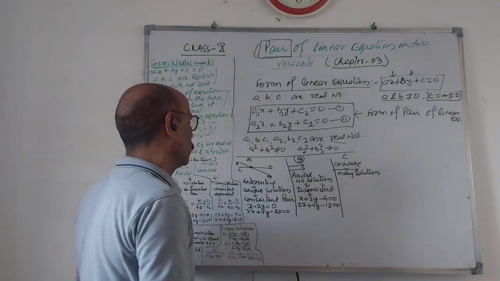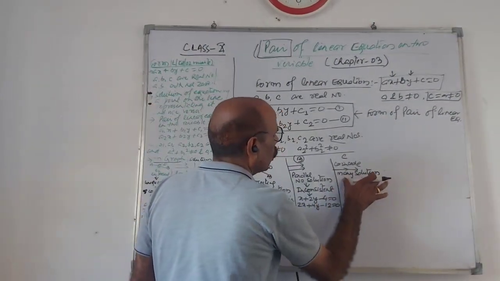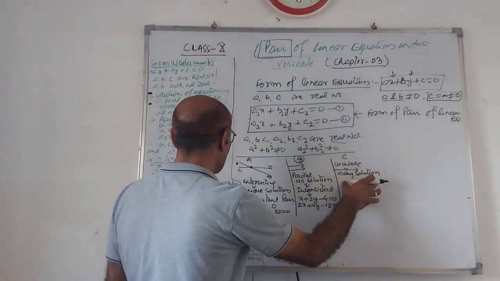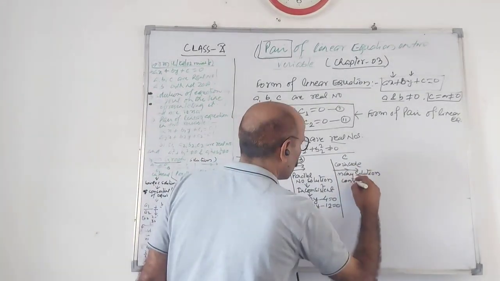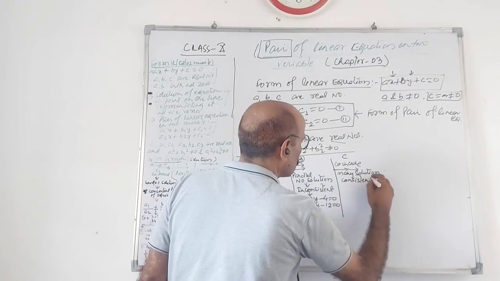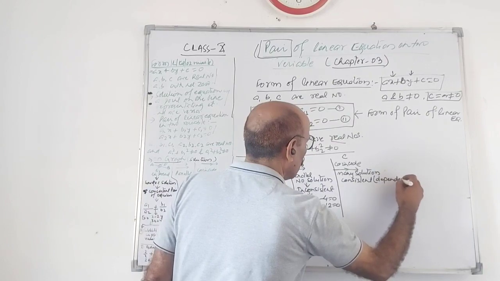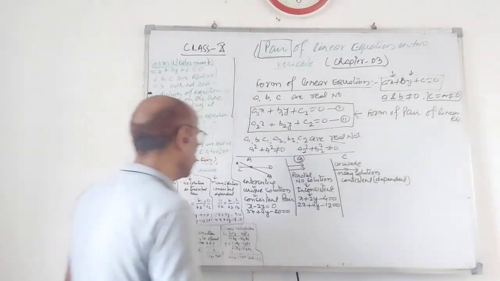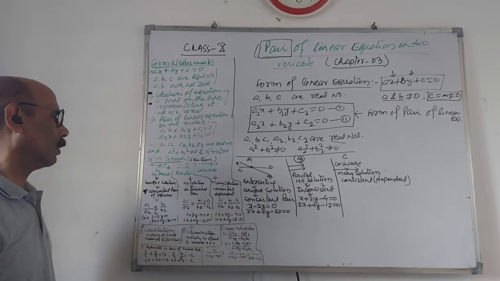It will also be called consistent. Consistent means some result is coming, but dependent. Consistent, dependent. This type of equation will be called this.